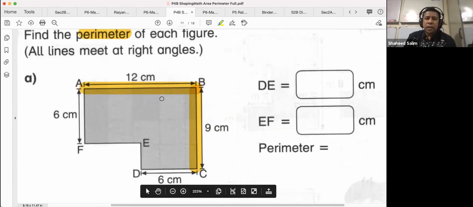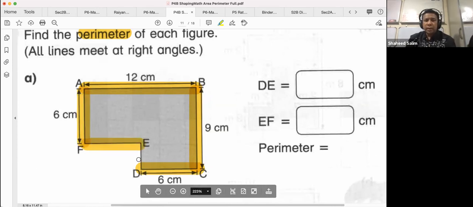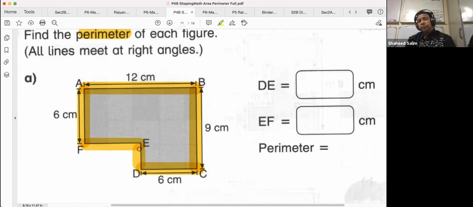So you plus this one, you plus this one, then you must also plus this one. That's the perimeter, the outline. There is actually a shortcut to do this, but we do the long way first. If Putra knows the shortcut, he can give the answer very fast. If you don't know the shortcut, it takes a longer time.